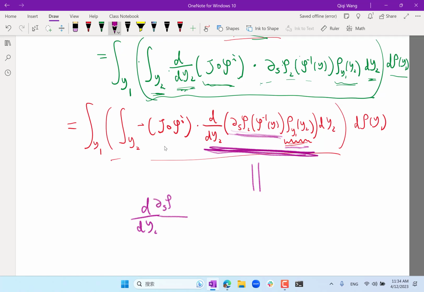So it's the derivative of the unstable perturbation along the unstable direction times the density, plus the second term, which is the perturbation itself, but not the derivative, times the derivative of the density itself.